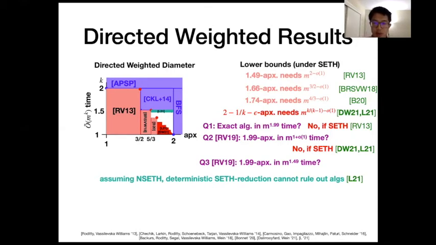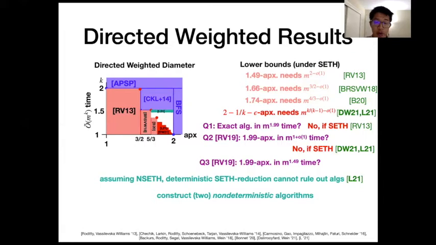You can think of this result in two ways. On one hand, you can think of it as evidence for algorithms, because it's saying, under certain assumptions, there are no SETH reductions ruling out algorithms. Furthermore, this is proved by constructing two non-deterministic algorithms for diameter. So you can see this as evidence for algorithms, and maybe this would even give a strategy to construct an algorithm by making these non-deterministic algorithms deterministic.